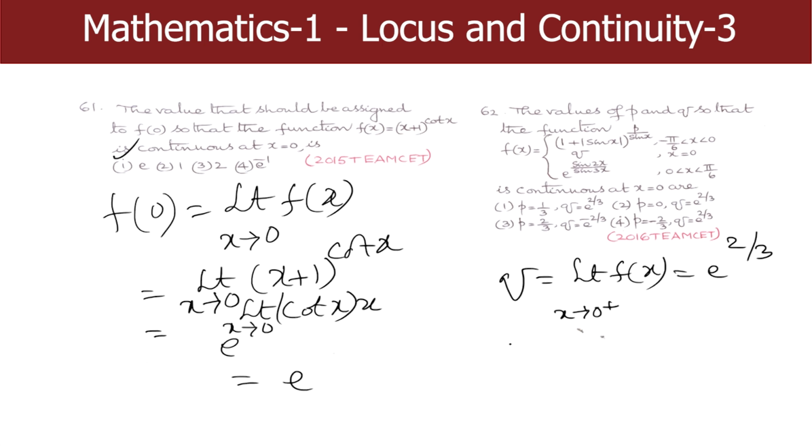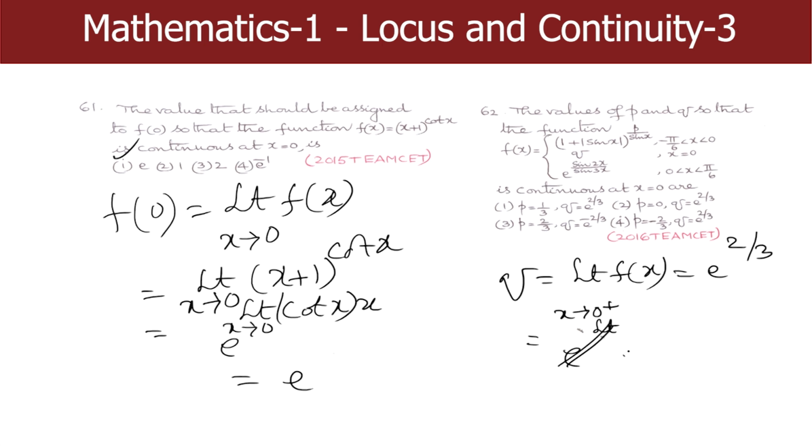Then this is also equal to, this is of course in the 1 to the power of infinity form, e to the power of limit x tends to 0. Or you can also say like this: mod sin x is y, 1 plus y whole power 1 by y whole power p. So, what happens to this?